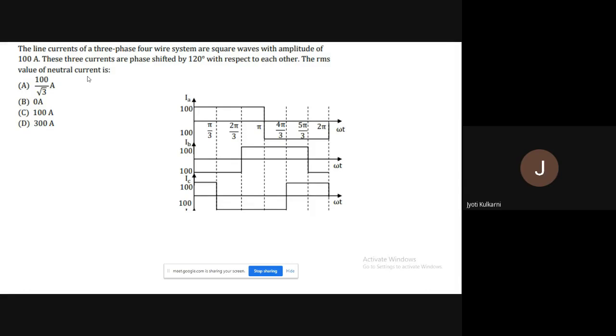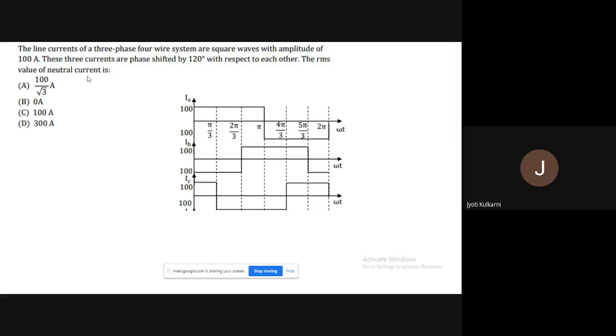Why am I getting IN equal to 0? Because the three phase currents, R, Y, B currents or A, B, C currents, are exactly equal in magnitude and 120 degrees apart from each other with phase shift. So when I add them, their phasor addition equals 0. In an ideal condition, the phasor addition comes to 0.